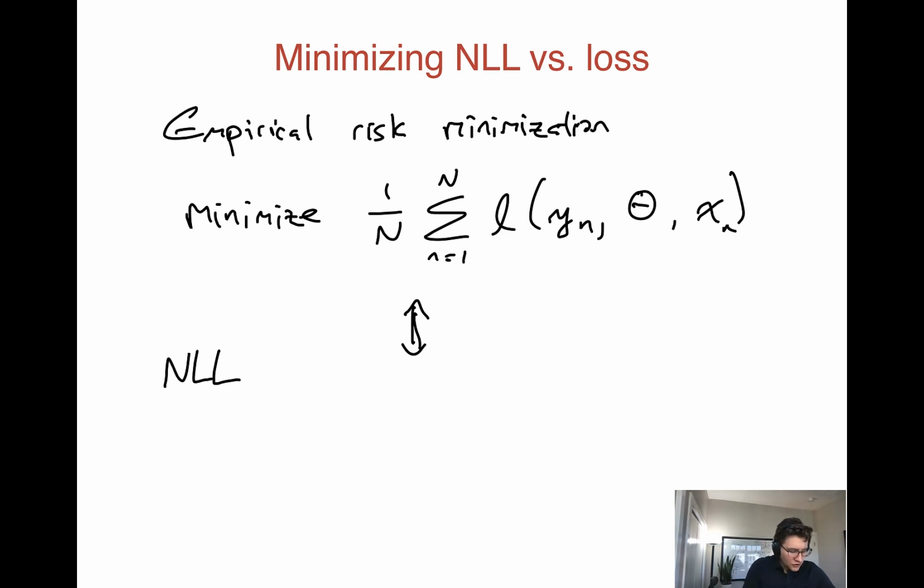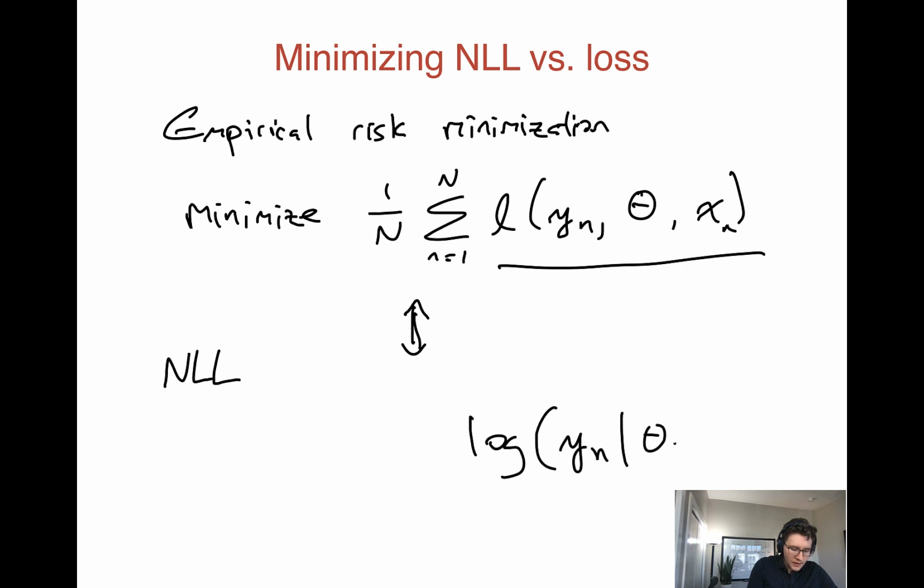Okay, notice that this looks almost identical to finding the MLE by minimizing the negative log likelihood. This whole expression is all the same, just that we replace our loss term with specifically log of p(yn given theta, xn).